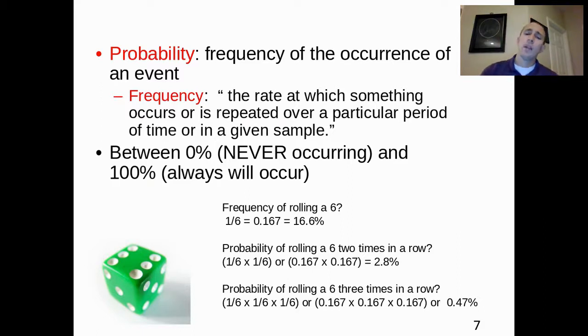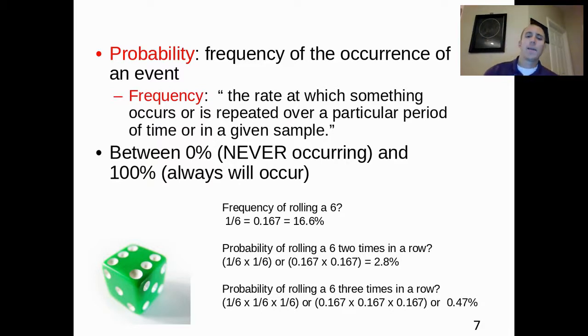So if we take 1 divided by 6, that gives us 0.167. So if we convert that to a percentage, that gives us 16.7%. So you have a likelihood, if you're rolling an evenly weighted die, of about 16.7%.